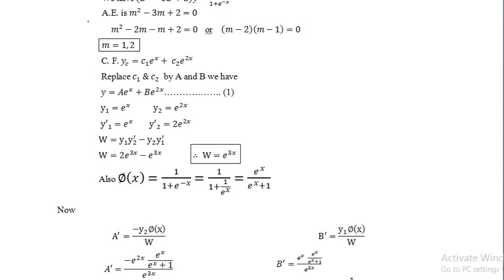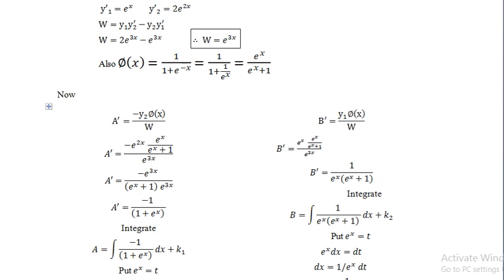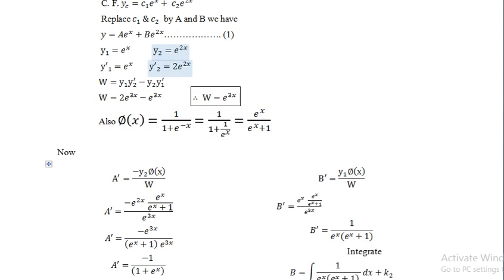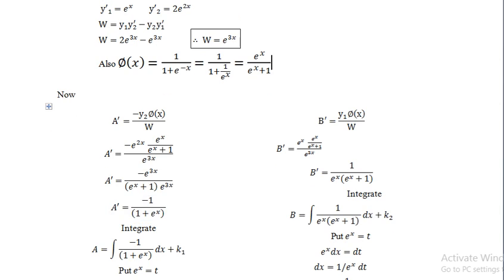Then we will calculate a dash and b dash. So a dash is minus y2 phi of x by w. Our y2 is e to the power 2x, and phi of x is e raised to x divided by e raised to x plus 1, and the w value is e to the power 3x.